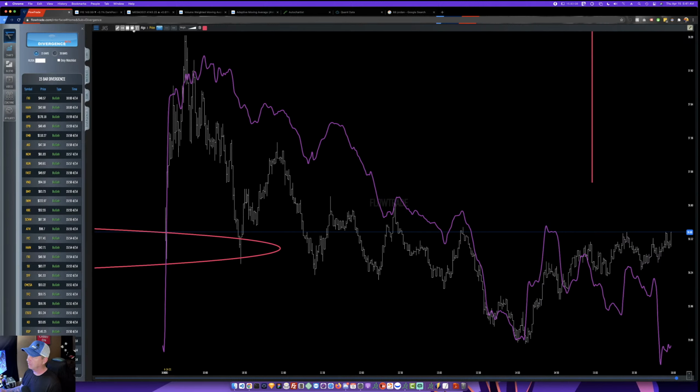However, this 90-degree line, you can assume that large institutional money took profits and started buying again, as seen here with this curling of the algo and bullish direction.